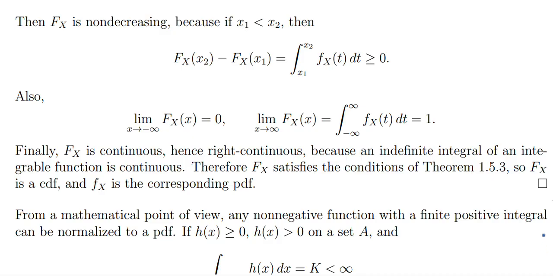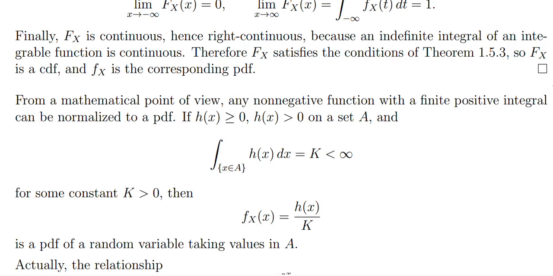The integral from minus infinity to x of f_X(t) dt is F_X(x), and it's continuous by definition. The integral is continuous, so hence right continuous. It's saying any non-negative function can be a PDF.